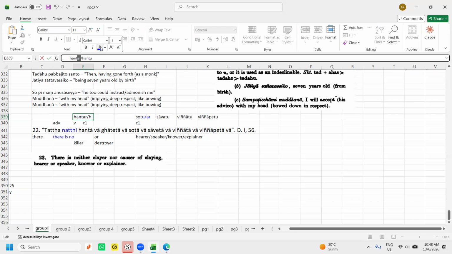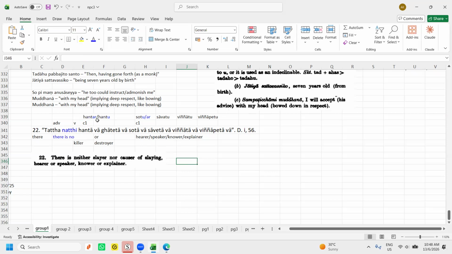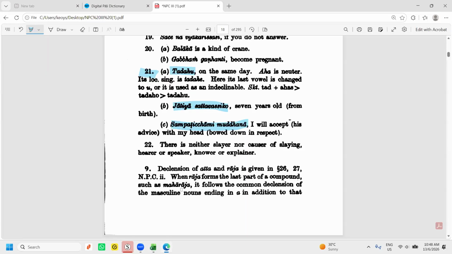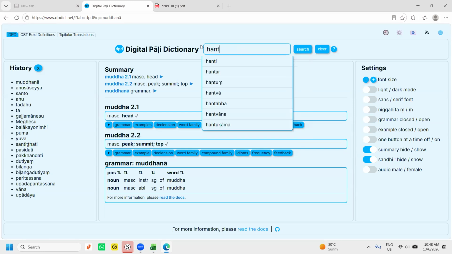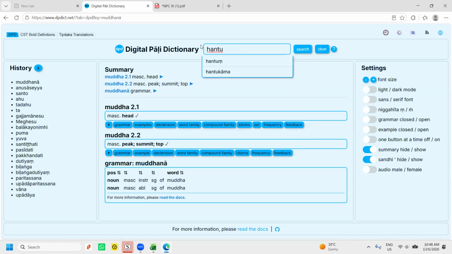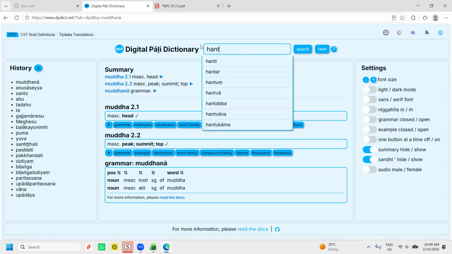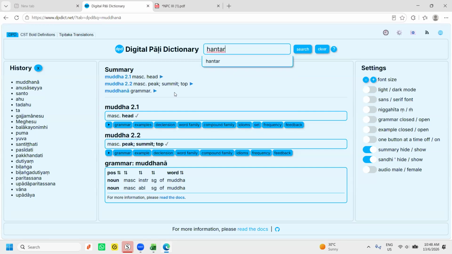If you take hantu, let's say you go to the dictionary, you cannot see it. It won't come out. So I take hanta. Hanta, then it comes out in the dictionary.